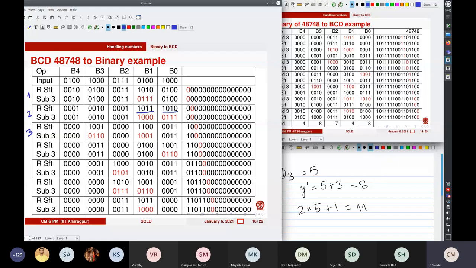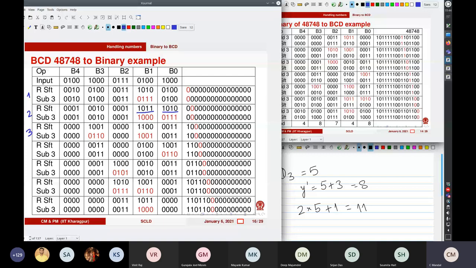The way you do it is you always subtract and then you shift. It is just the reverse of the previous case. In the earlier case, you would have first added 3 and then shifted left.